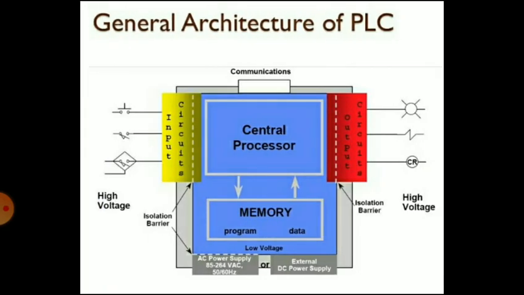Then general architecture of PLC. So you can see the design of the PLC. The different elements that you can see: there is an input module, output module, then the central processor, then the different data buses, address buses, and control buses.